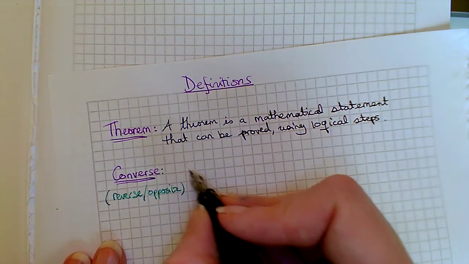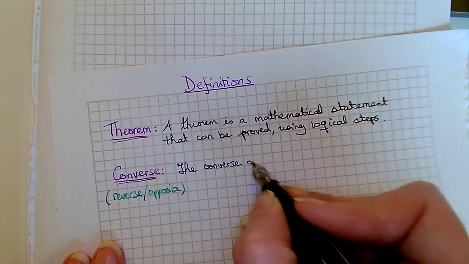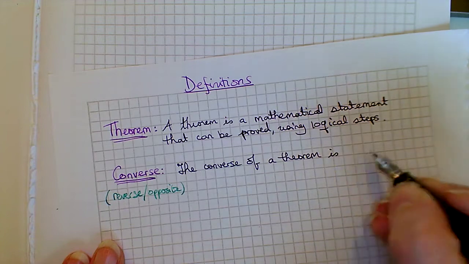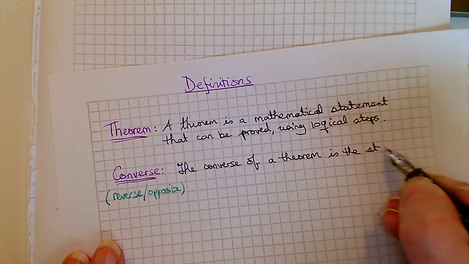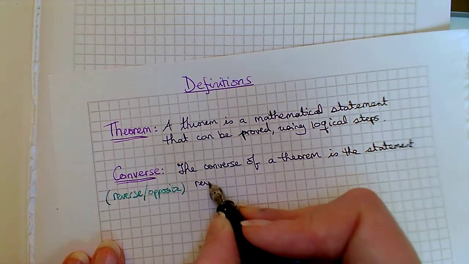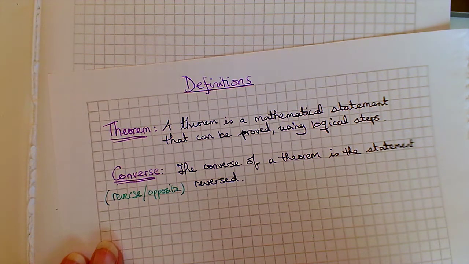So the converse of a theorem is the statement reversed. So usually a theorem will be something like, if you have a right-angled triangle, then the square of the hypotenuse is equal to the sum of the other 2 sides.